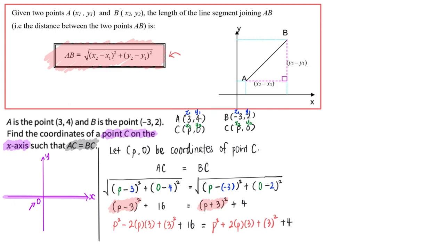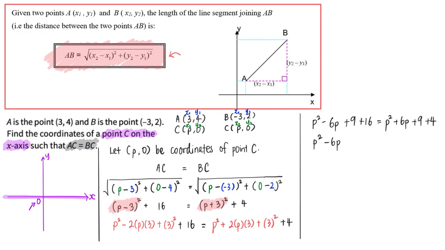So as I continue to simplify, I would slowly but surely get closer and closer to my final answer. Yeah? So I will have P square minus 6P plus 9 plus 16 equals P square plus 6P plus 9 plus 4. Continue to simplify them.